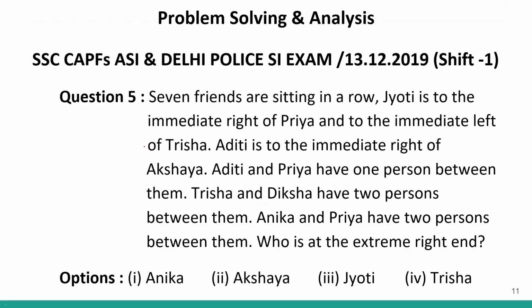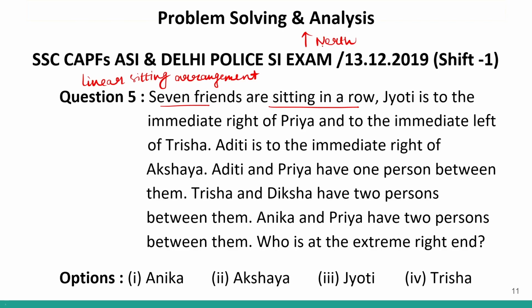Okay. Question number 5. This is a question on linear sitting arrangement. 7 friends are sitting in a row and the direction in which they are sitting is not given to us. Whenever direction is not given, we assume that everybody is facing towards the north side.